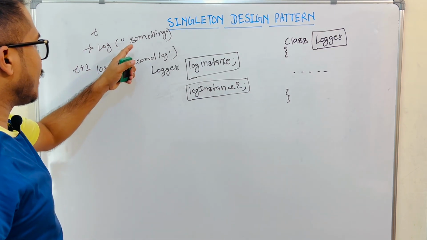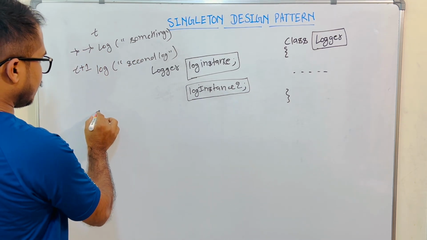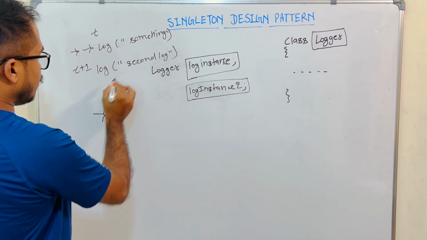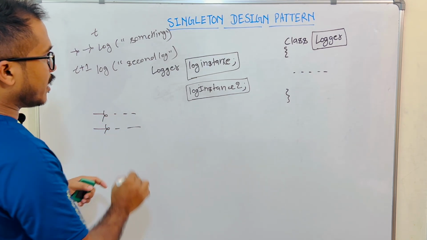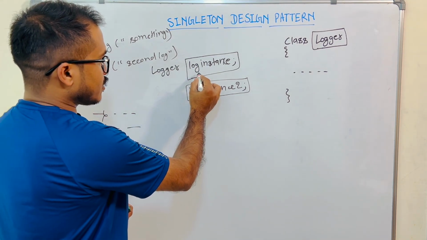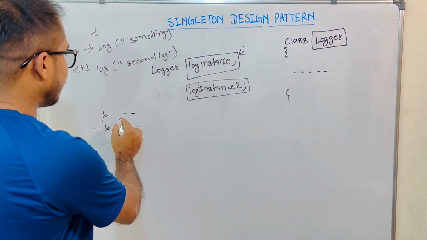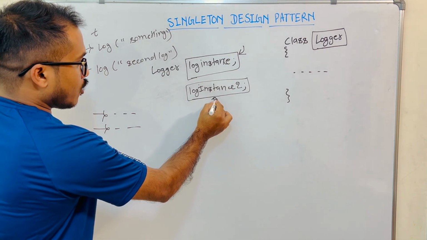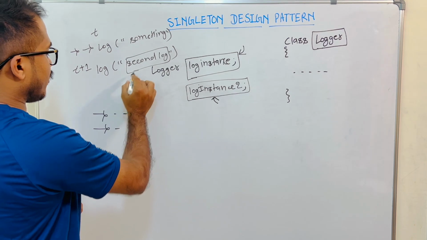Ideally, the first log statement should get logged first in the log file, and then the second one later. But it might happen that this log instance was busy doing some task or updating the file, but the other instance, log instance 2, updated its log inside the log file first.